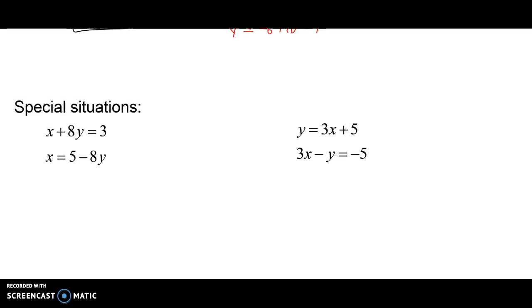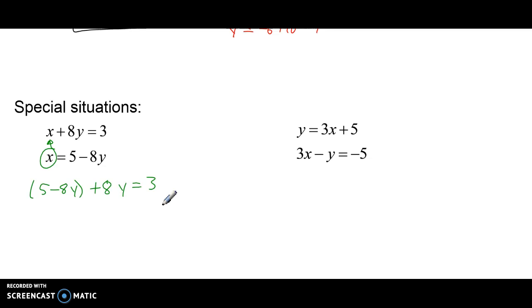I've already done the first step. I've already solved for x in the second equation and y in the other pair of equations. So for the first pair here, let's plug in for x in that top equation. So we're going to have 5 minus 8y plus 8y equals 3.